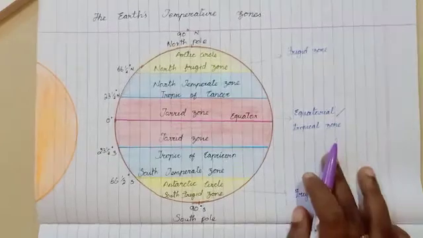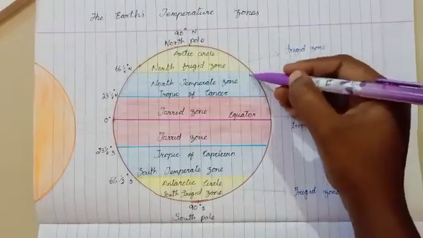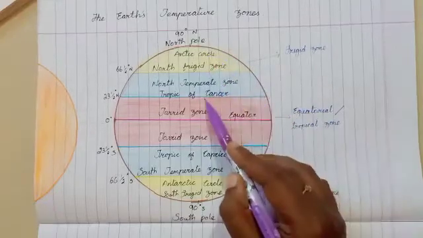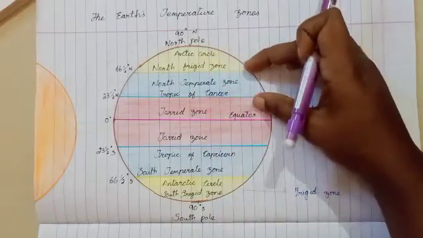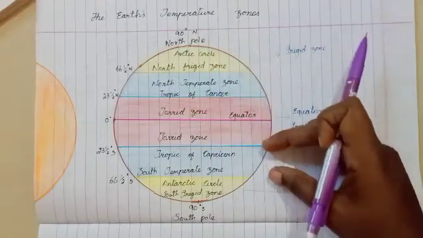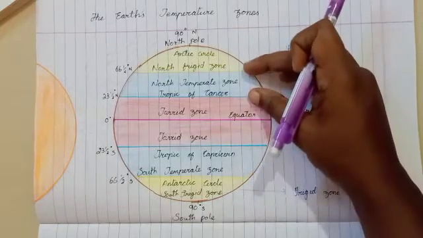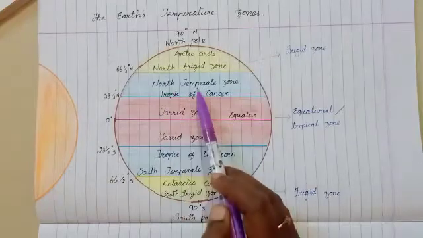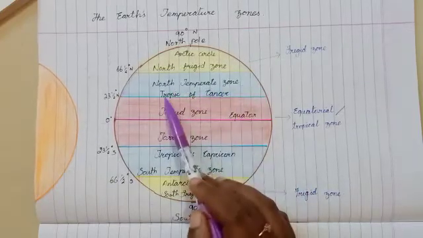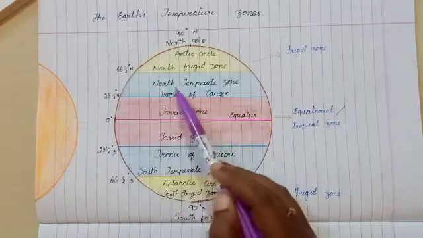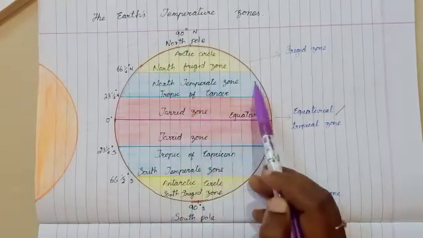The next thing we are going to move just above. From the Arctic Circle and the Tropic of Cancer, this middle place is there, right? The north side is called the north temperate zone, which is at the Tropic of Cancer, 23.5 degrees north.